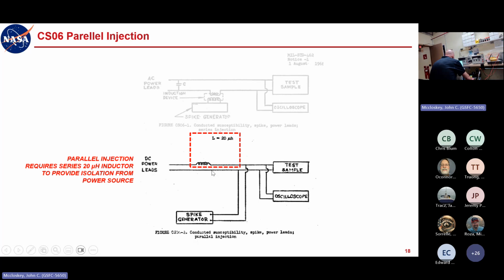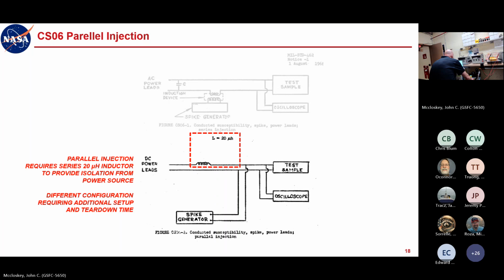So you need to put in this 20 microhenry inductor to give you some isolation from an AC standpoint, so that you can inject the signal without your power source loading it down too much. But that means this is a different configuration from pretty much everything else in the standard setup that we use for at least GEV's modified version of Mil Standard 461 based testing. So I'm not in favor of this method.